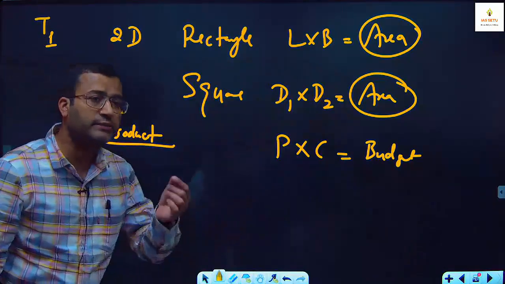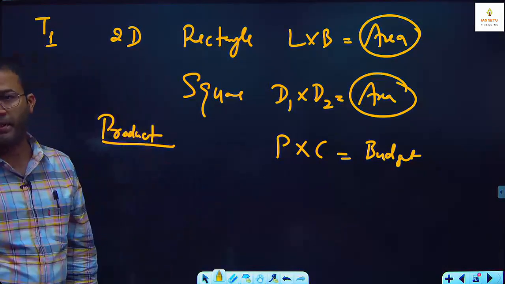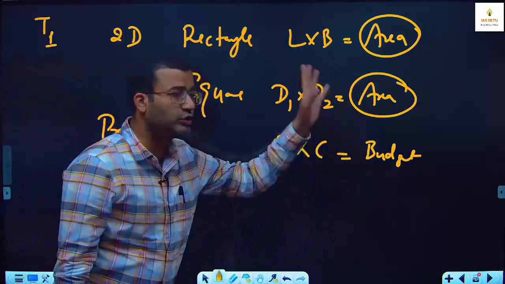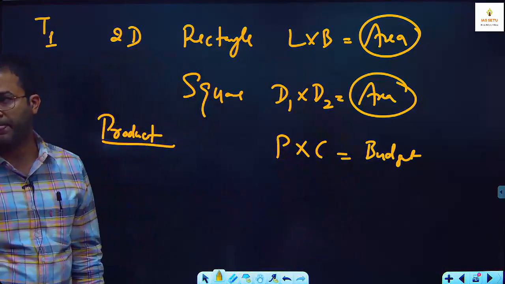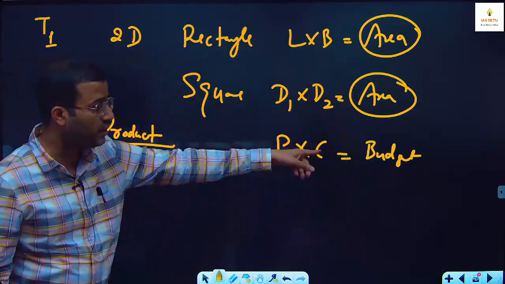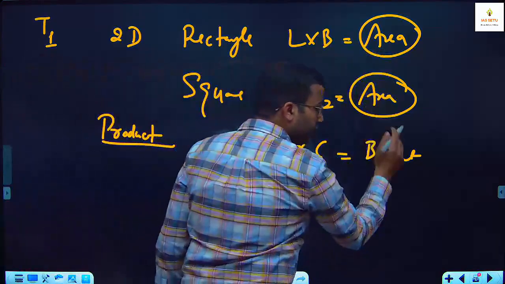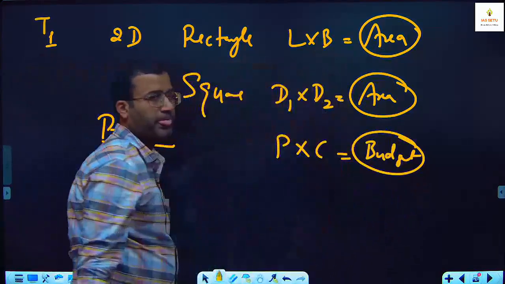Price increased by 20%. What percentage do you have to reduce the consumption so that the overall budget remains the same? एक चीज बढ़ी दूसरी घटानी पड़ी. But see here, area same, budget same.